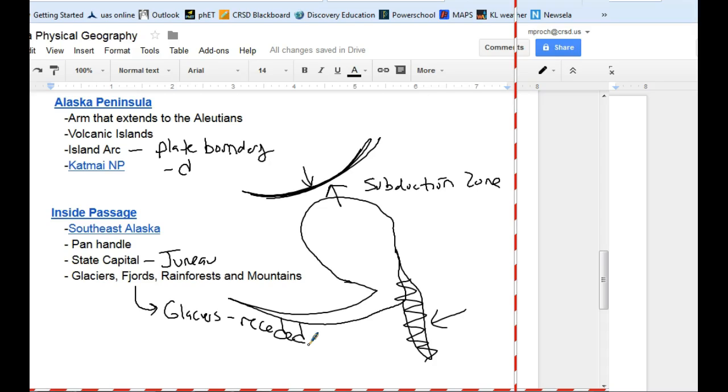When it recedes, it leaves a big channel, and when sea level came back up as the earth warmed and water melted and was added to the oceans, those oceans then filled in where the glaciers were and formed these waterways in Southeast Alaska. And if you've ever been there, they call it the Inside Passage. We'll look here in a minute, but also there's rainforest, lots and lots of rain, and just these huge trees and lots of green there, just constant rain.